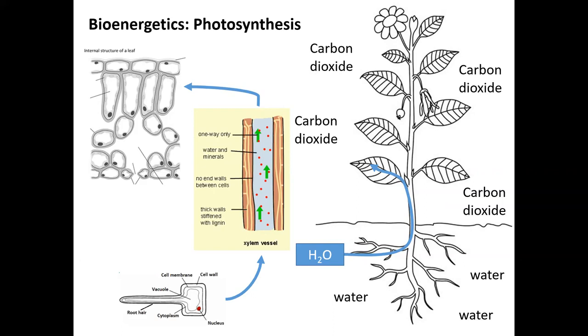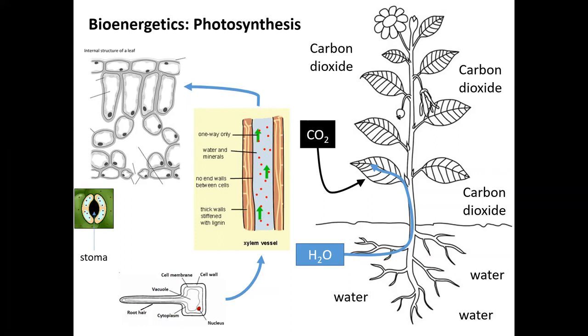The carbon dioxide, on the other hand, enters through the leaf itself. I'm showing you that. It enters the leaf through the stomata, which are the tiny pores on the underside of the leaf. In fact, here is a diagram of a stoma. Remember, singular, stoma, many, stomata.